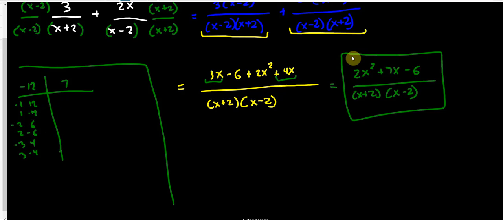Now, let's do one last one that's maybe not as messy, but as big looking as possible. Okay? And then we'll be done. So I could be as mean as something like this, where I give you 3x squared plus 11x plus 10.